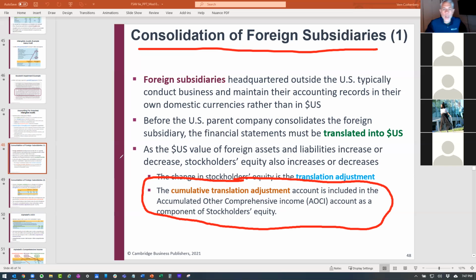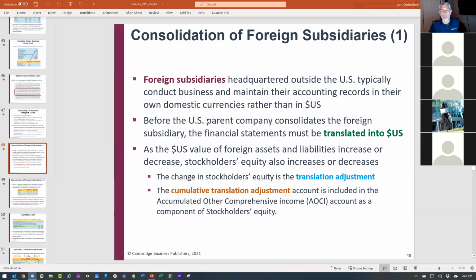As we do that, there's going to be a cumulative translation adjustment. And FASB says that it's appropriate to put those in other comprehensive income because they can have big swings on the financials if we don't.